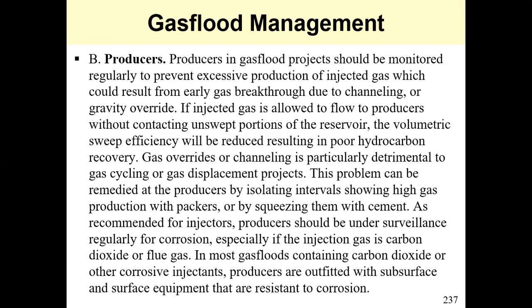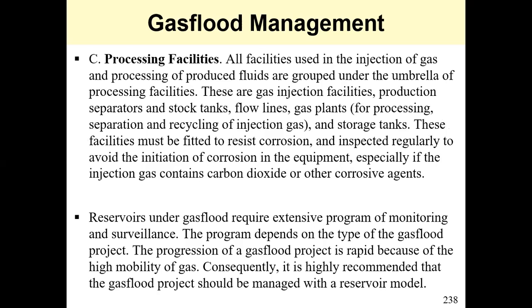In most gas floods containing carbon dioxide and other corrosive injectants, you need to have corrosion resistant equipment. You also need to look at your processing facilities, which include gas injection facilities, separators, stock tanks, flow lines, and gas plants.